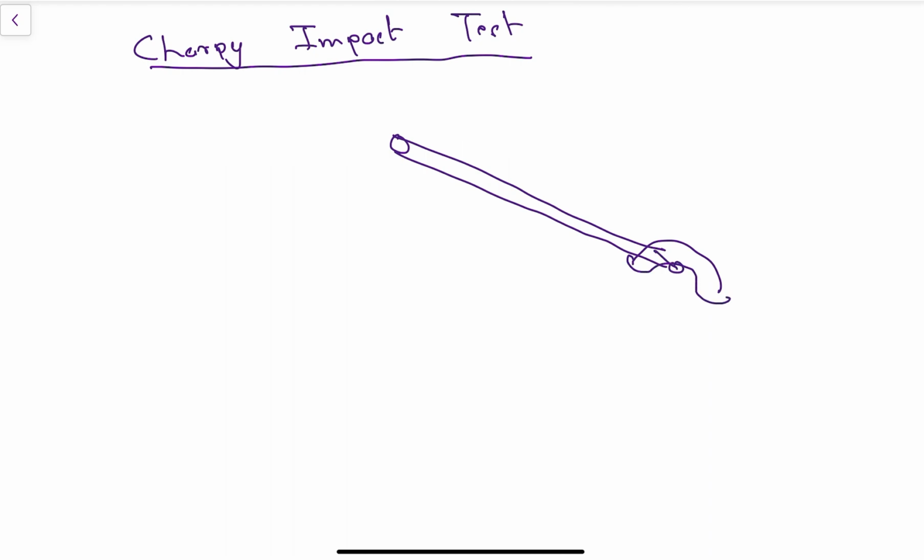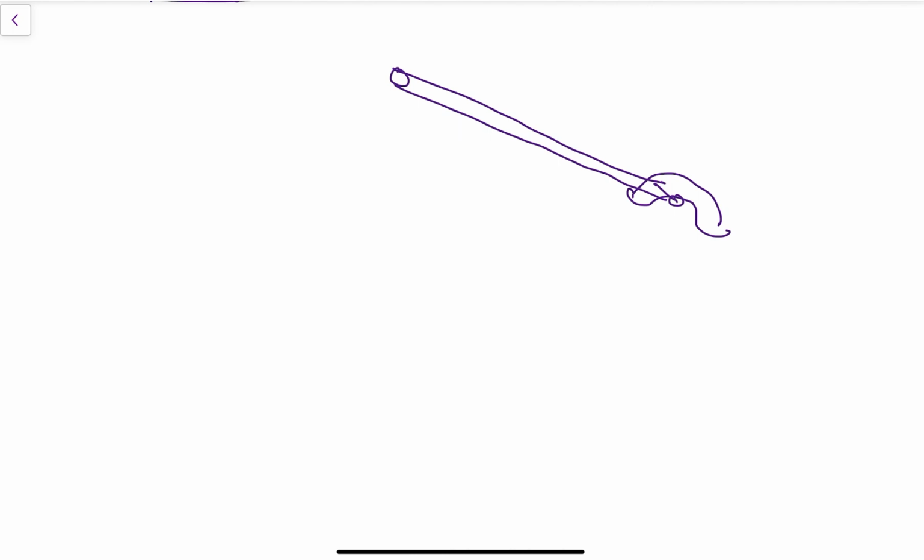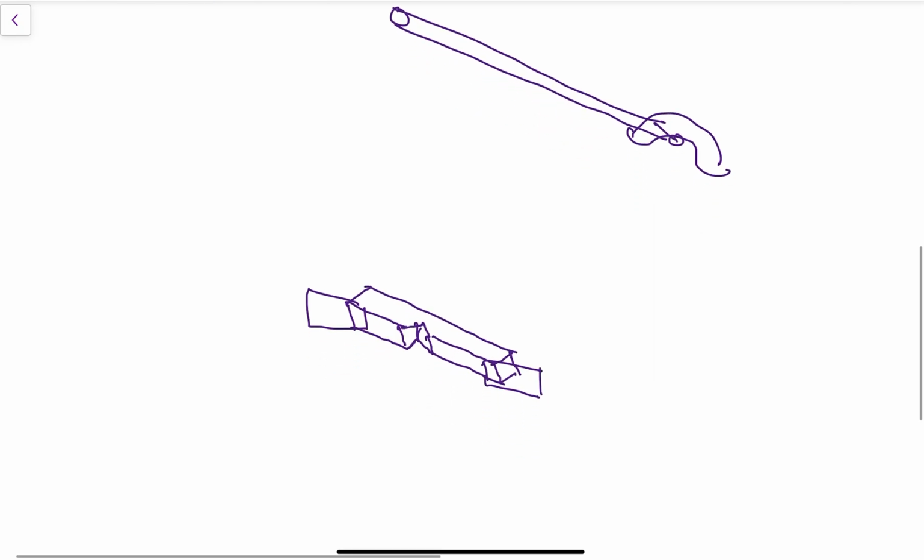It is centered here, and then here you have your specimen kept, and it is fixed here.